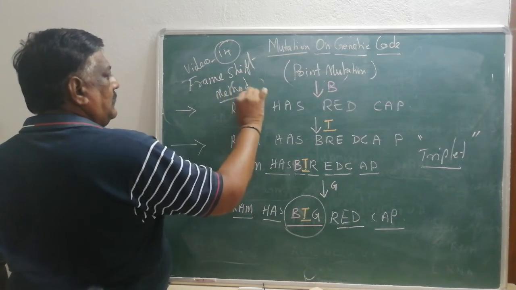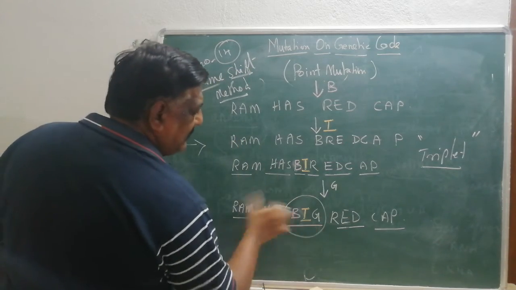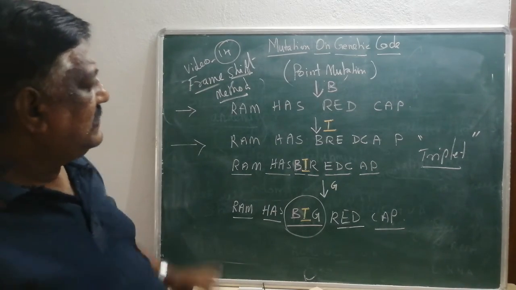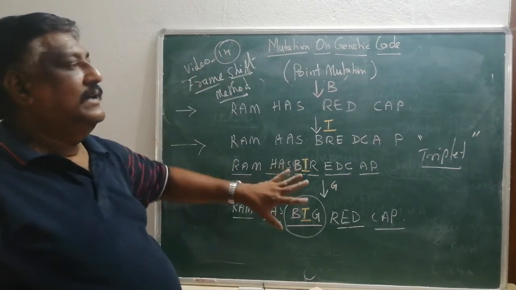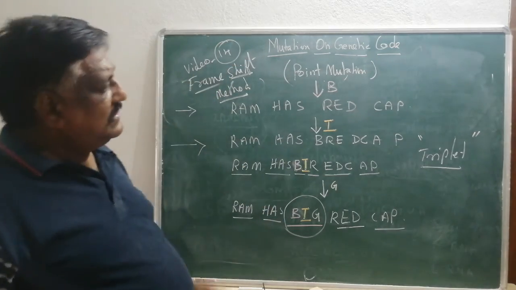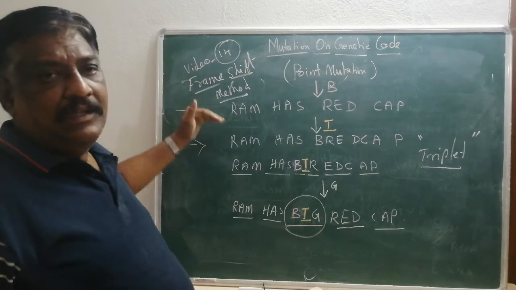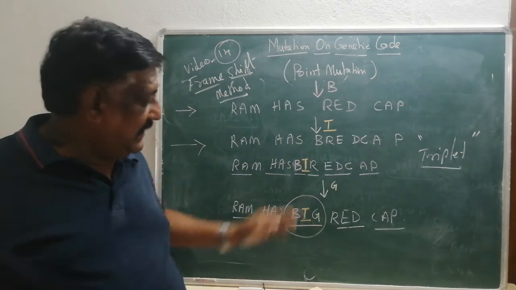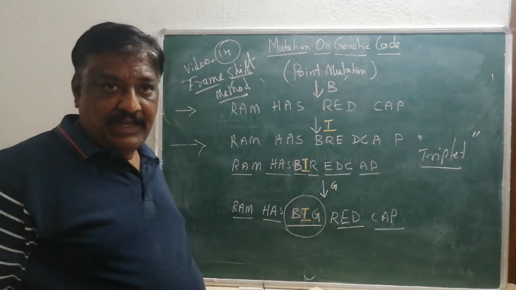See, the complete frame is shifted. That is why it is called a frame shift method. This is a simple explanation for gene mutation. Just go through it. It is a very simple question that you can explain with this example using these three colors. Okay, bye.